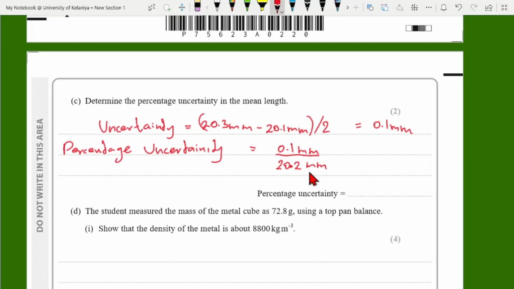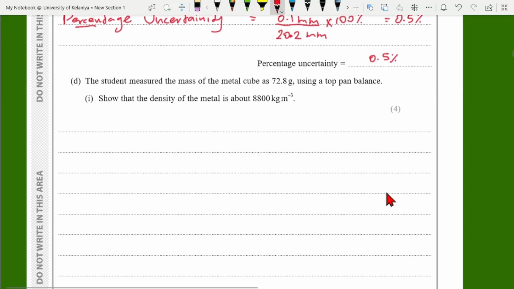The millimeters will cancel out, so we will not get any units, and since it is a percentage, we multiply it by 100%. If you calculate this, you will get 0.5 as your answer. So I'm going to write 0.5.